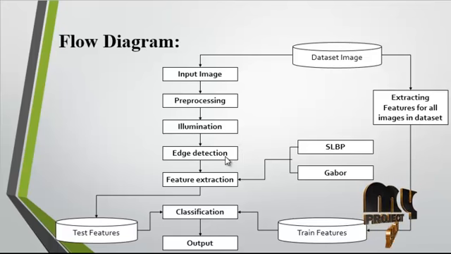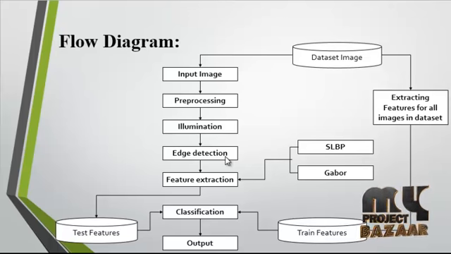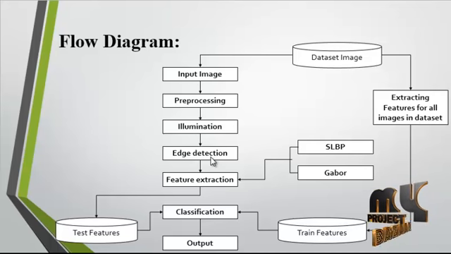Then the edge detection is carried out. In the edge detection, we use the Canny edge detection method. In this edge detection part, we extract the boundary of the image. That is, the boundary of the required object is extracted from the whole image and the other background is subtracted. Then the feature extraction is undertaken.